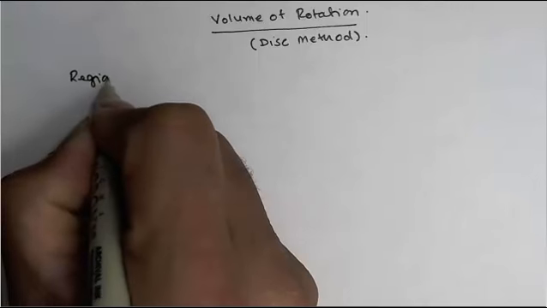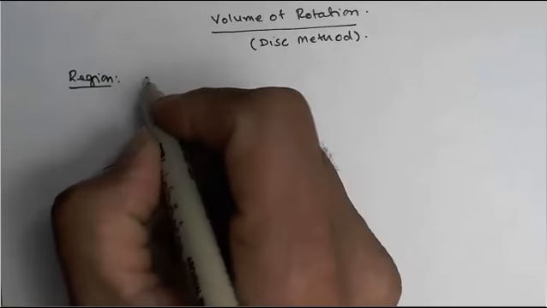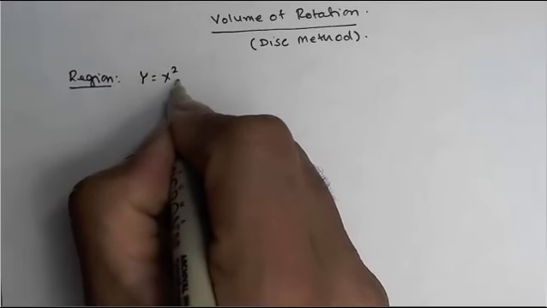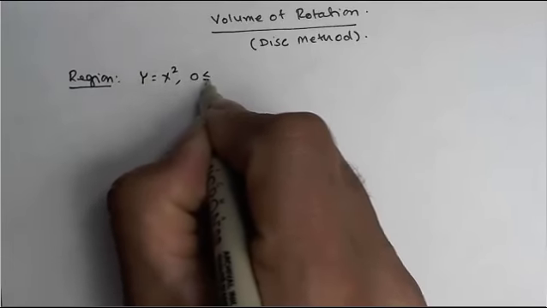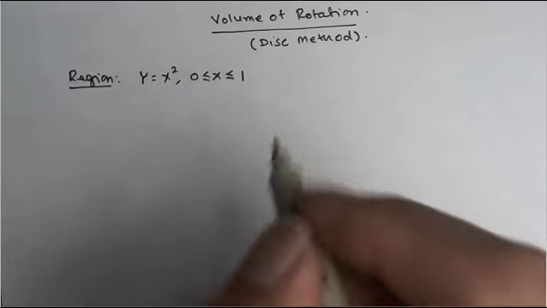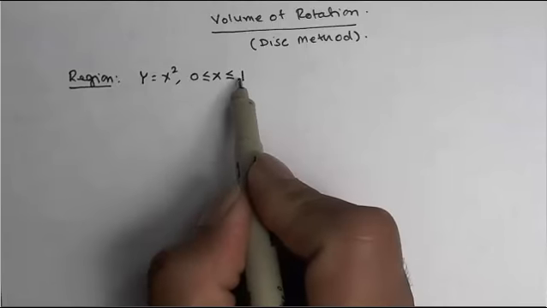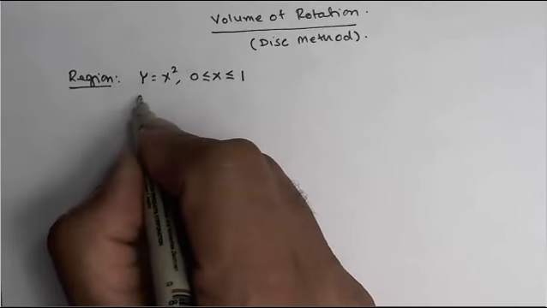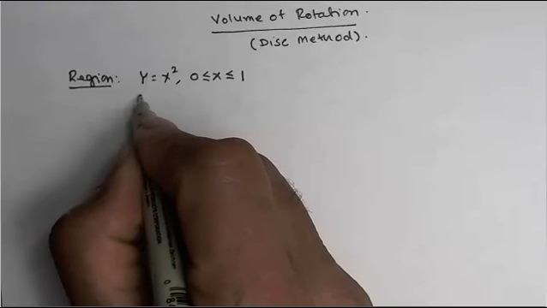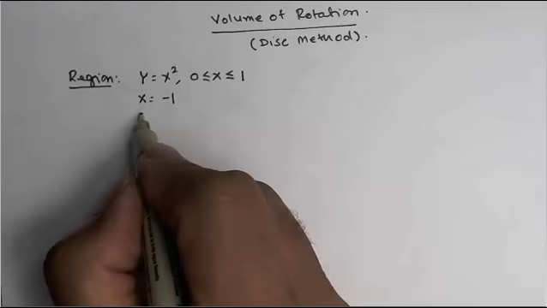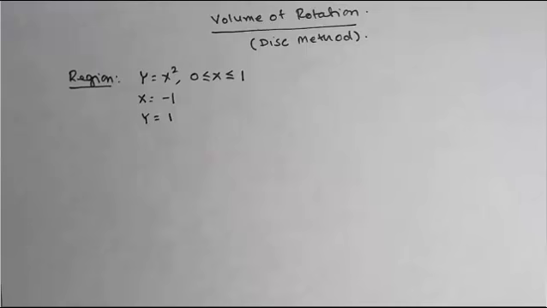Here's my region. So its boundaries are defined by the curve y equal to x squared for x less than or equal to 1, greater than or equal to 0, by x equal to minus 1 and by y equal to 1.